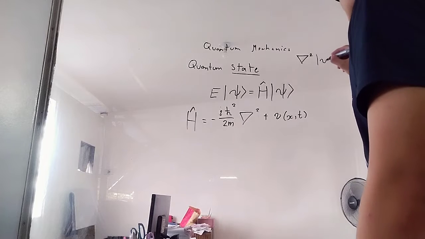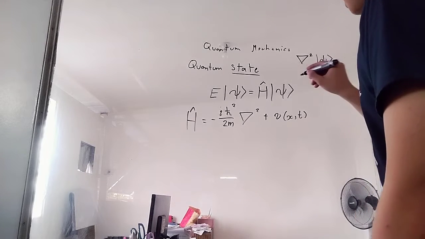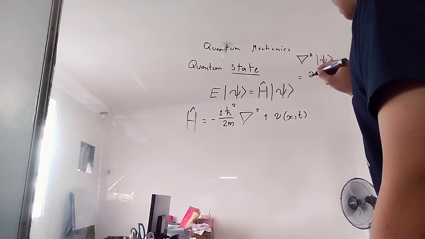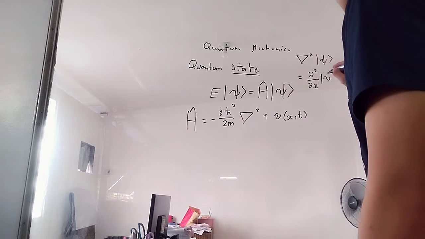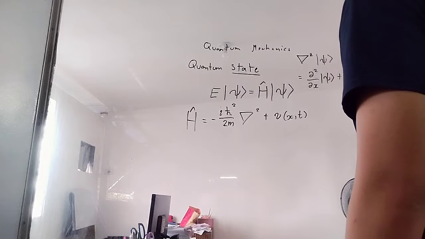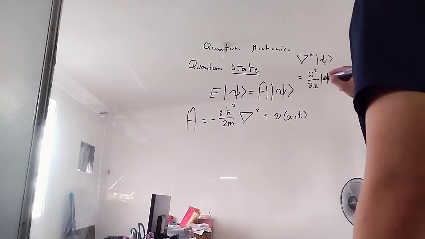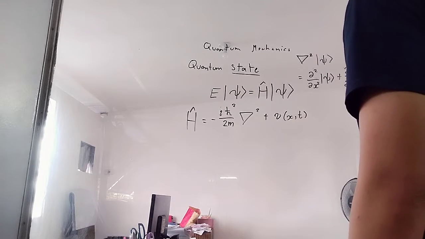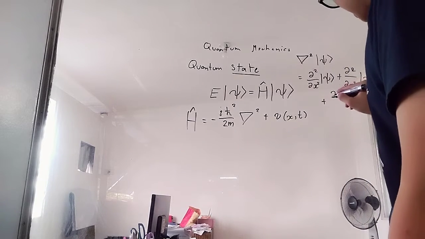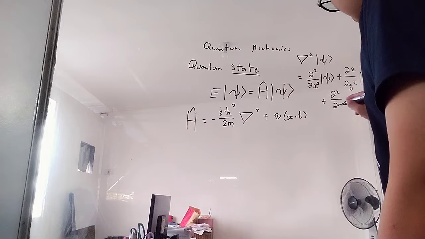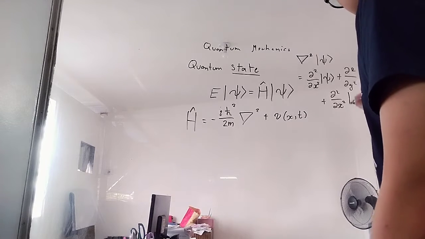So this times our quantum state psi gives us d squared over dx squared of psi plus d squared over dy squared of psi plus d squared over dz squared of psi.